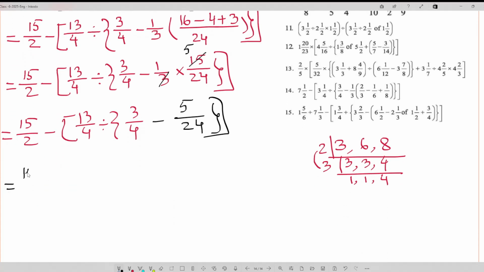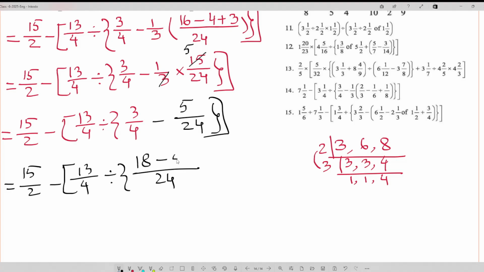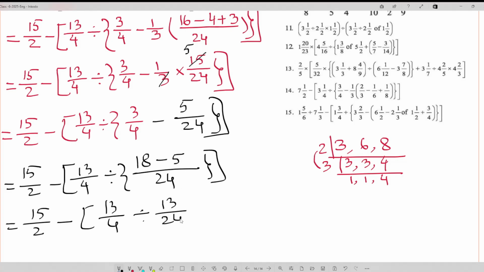Now 15 by 2 minus 13 by 4 divide inside second bracket, again LCM 24. 24 by 4 is a 6. 6 times 3 is a 18 minus 5. So this one 15 by 2 minus, so 13 by 4 divide, so 18 minus 5 is a 13, divide 24. Second bracket done, third bracket closed.